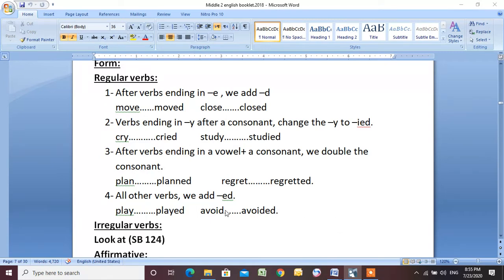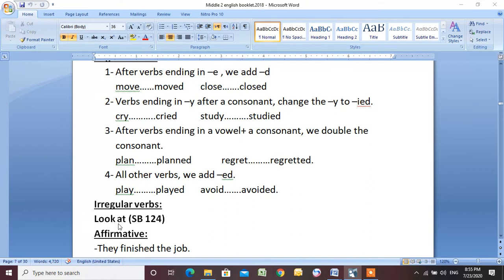Now, what about the irregular verbs? You have to look at your student book page 124 and you have to study the second column, which is the past form of the verb. So, in the irregular verbs, you have 3 types. The first type, for example, sell, sold, sold.